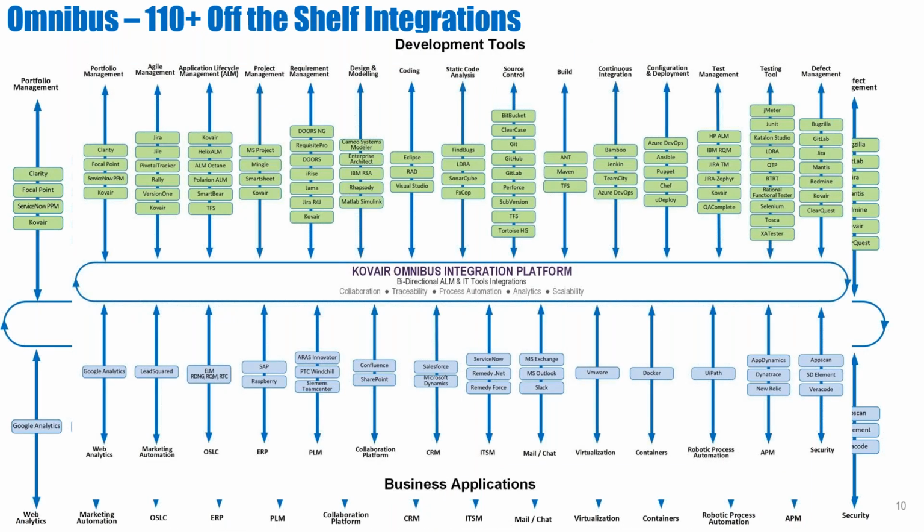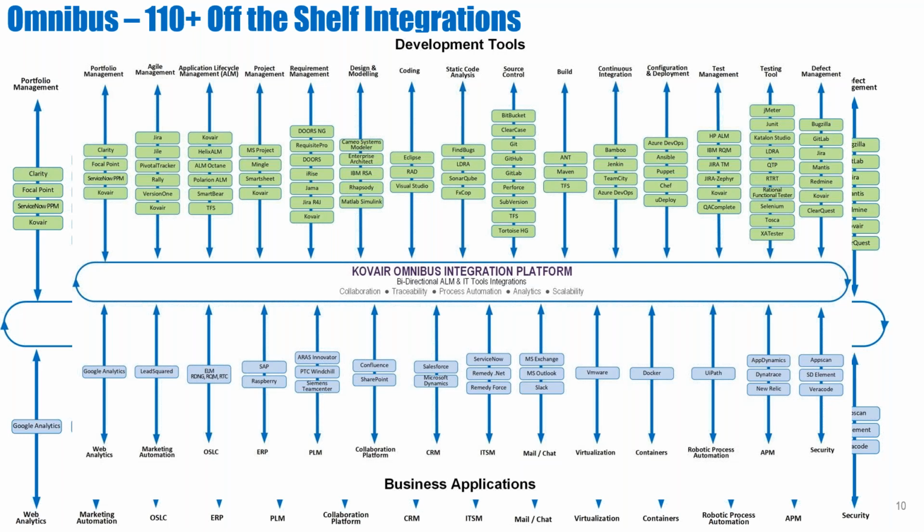Now, next is the overall offering of all the adapters. So let me just go over it. On the top, you will see all the boxes are in green. So those are development tools. It starts from the PPM tools, portfolio management, agile, project management, requirement management, till ITSM, and then static code analysis, build, test.